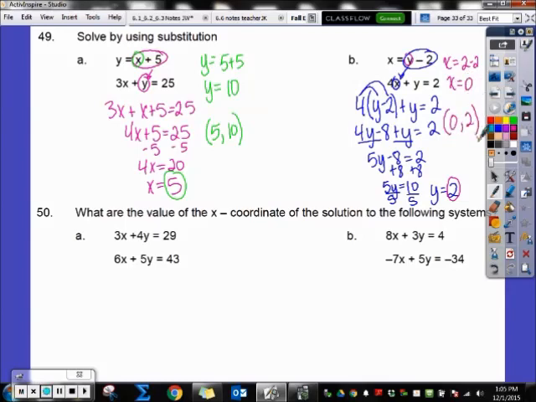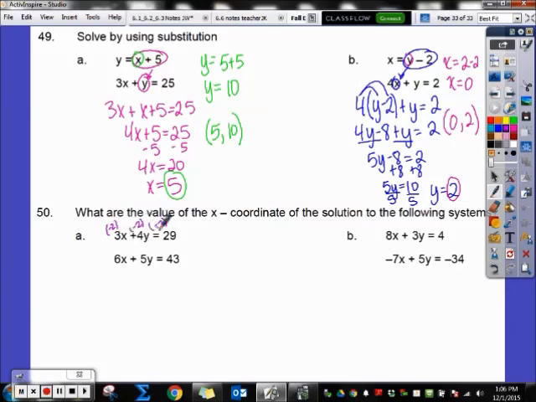Last problem, what is the value of the x-coordinate of the solution to the following systems? Well, these are set up for elimination because they are in standard form. First thing we need to do is see if we have opposites, and we do not. So I think it's easiest to make this 3 and negative 6 by multiplying through by negative 2.